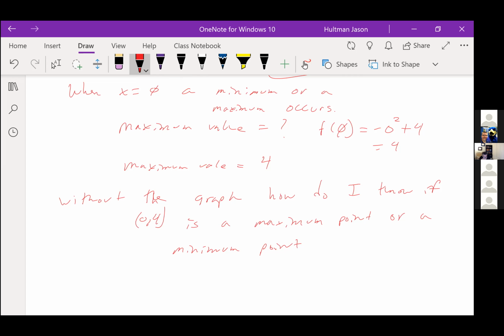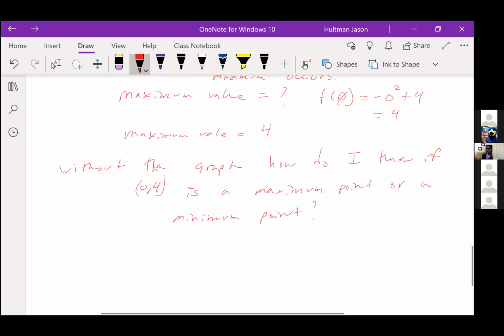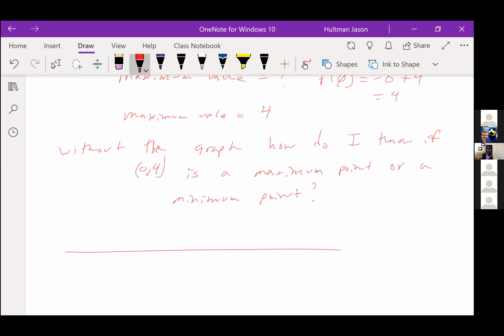What I do is I test the points around my critical value. So we're going to look at a number line, and my critical value c was equal to 0. So let's test some points around c equals 0. I'm going to use the first derivative, f prime of x, to give me information about the slopes of the tangent lines, at negative 1 and 1.